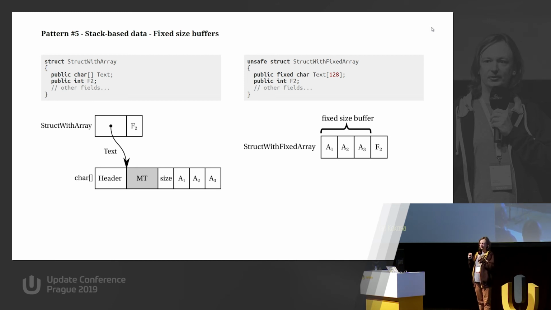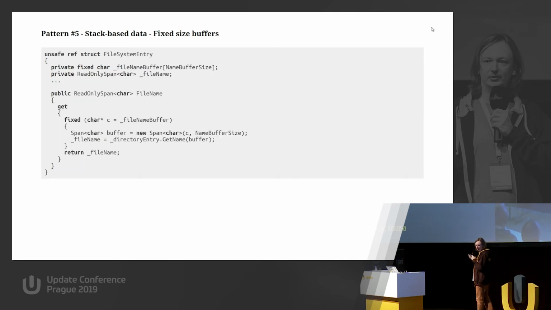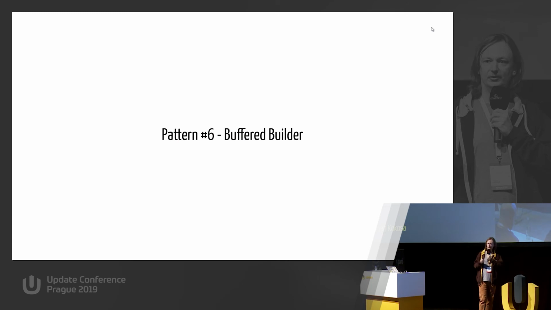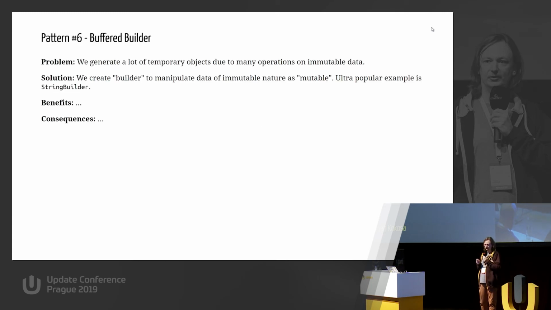So this is just a side note that there is something like that possible. And yes, stack-based data will be a tremendously popular thing in such code. In fact, looking at high-performance code, you will see a combination of all those patterns merged into the final solution. The last pattern is buffered builder.